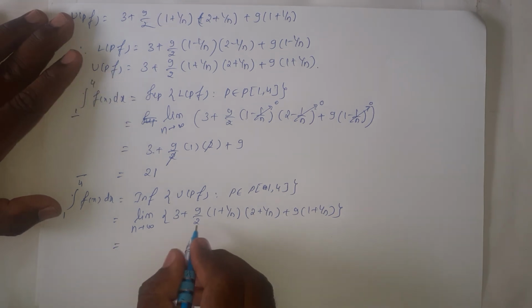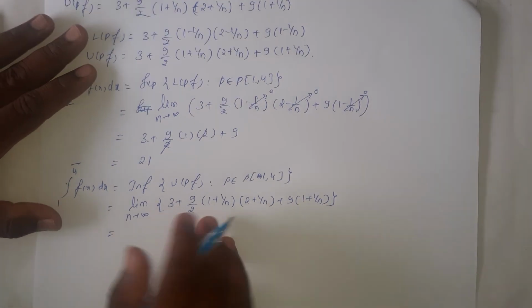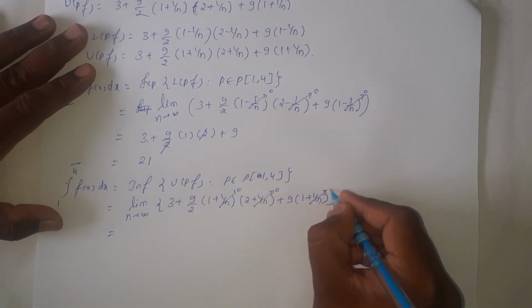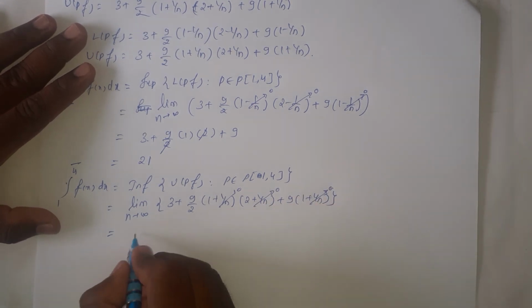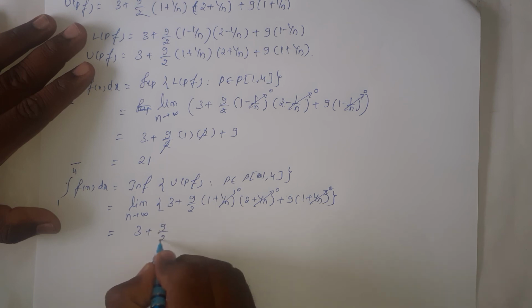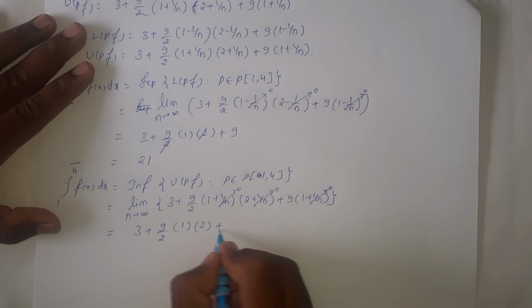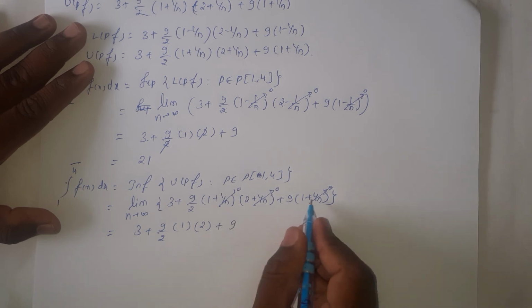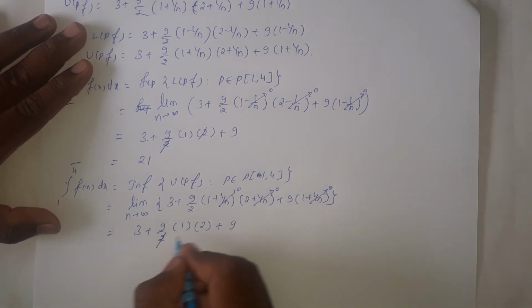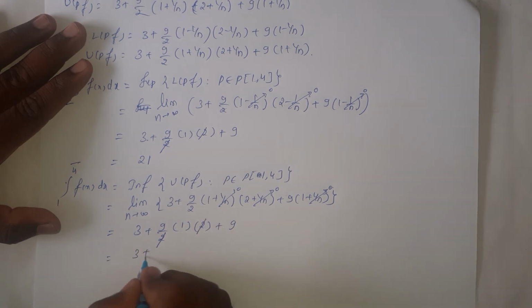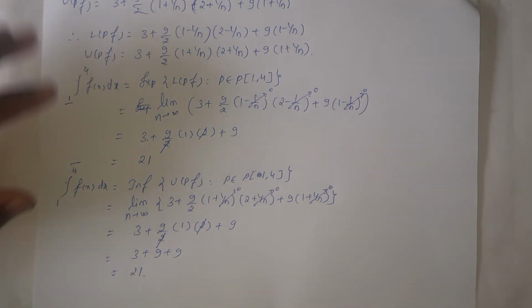Now after applying the limit as n tends to infinity, this 1 by n becomes 0, this one is also 0, this one is also 0, then remaining 3 plus 9 by 2, here it is 1 plus 0, 1, 2 plus 0, 2, then here 9 into 1, that is 1. Then 2 get cancelled, remaining 3 plus 9 plus 9, which is equal to 21.